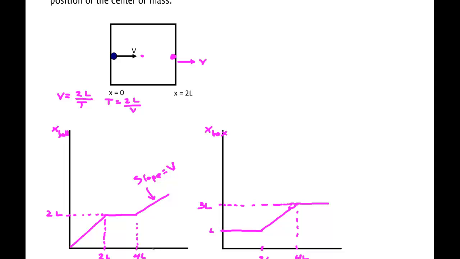Let's look at the center of mass now. The center of mass says that you replace this complicated two object system with a single object located at the center of mass. Now if this was one ball of mass m representing the box, and this is the other ball right there, the center of mass is halfway between them.